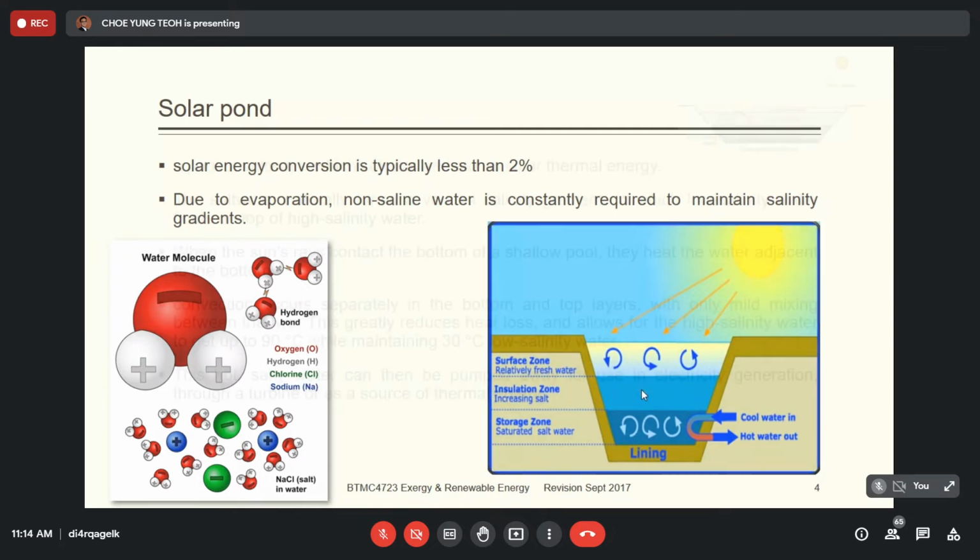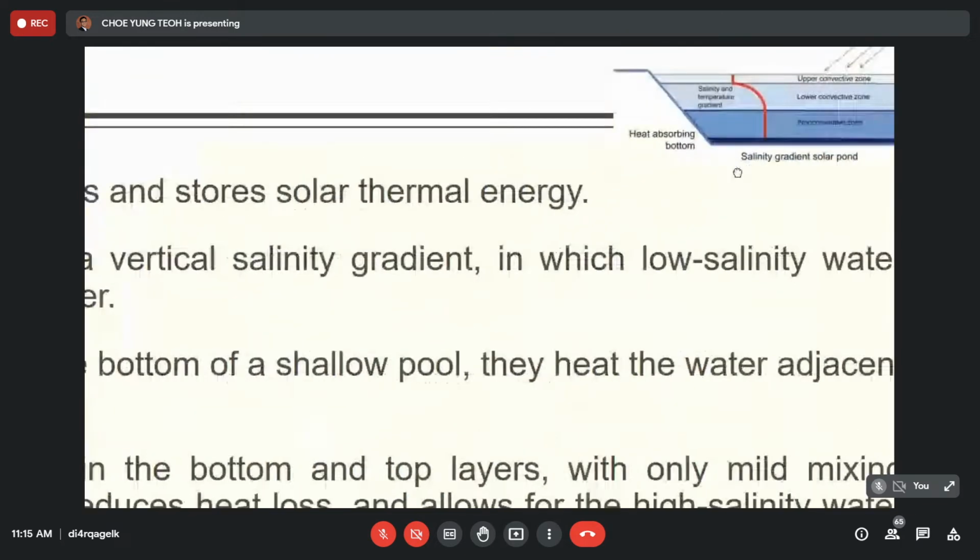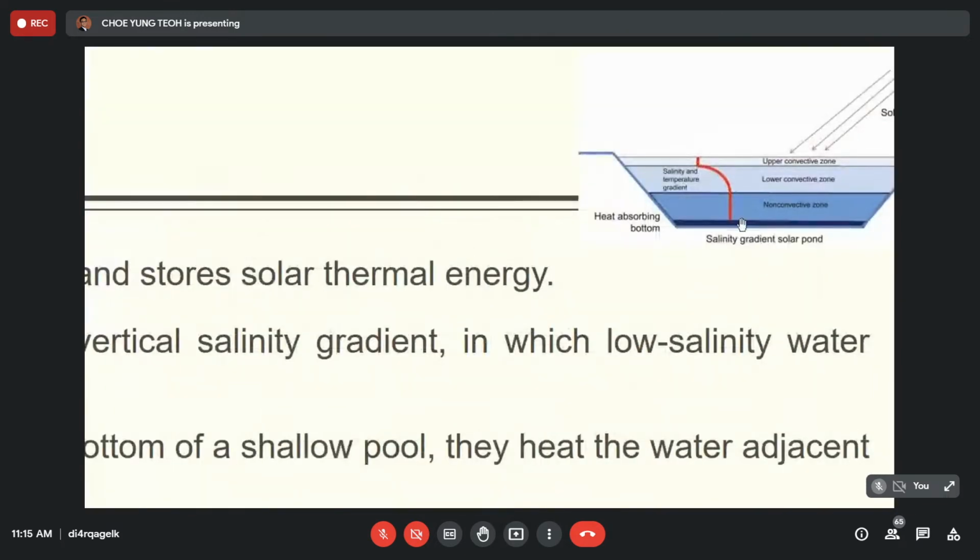If you look at the figure over here, you can see that the salinity will increase until saturation at the bottom. It's not layer by layer, but actually increases slowly until the maximum value, which we call the saturated level. And these layers will act as insulation.